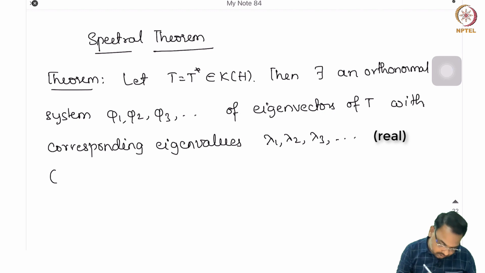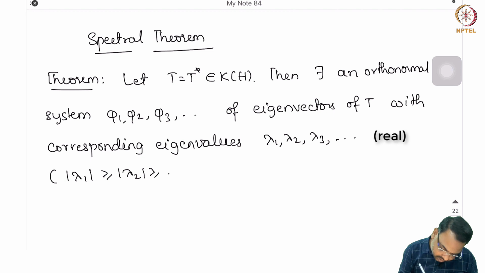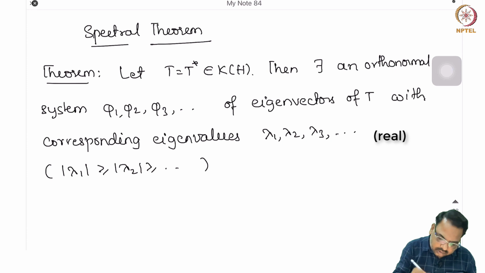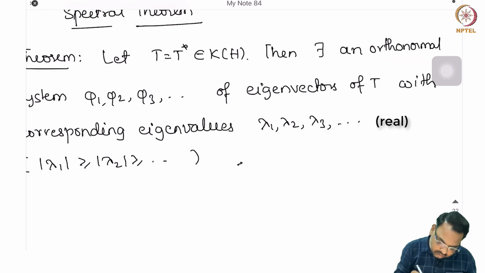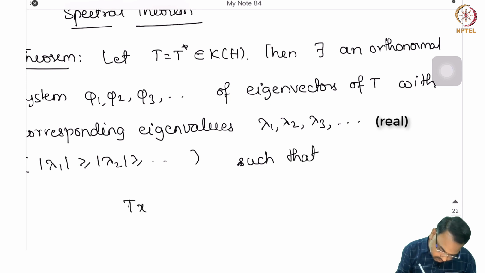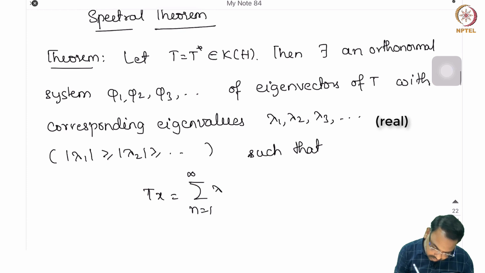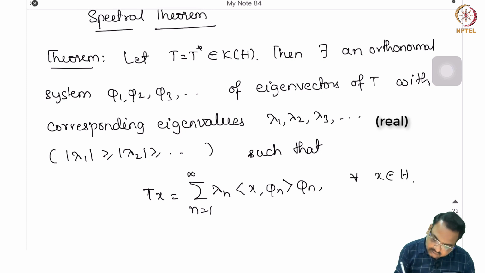In fact, we can arrange them in decreasing order, |lambda 1| greater than |lambda 2| greater than so on, such that Tx can be represented as the summation n equal to 1 to infinity of lambda n times the inner product of x with phi n, multiplied by phi n, for every x in H. Let us call this equation 1.